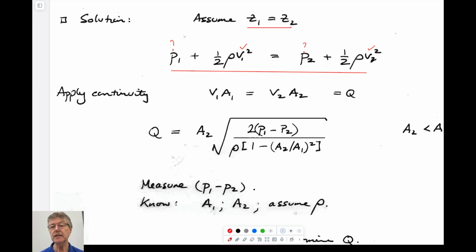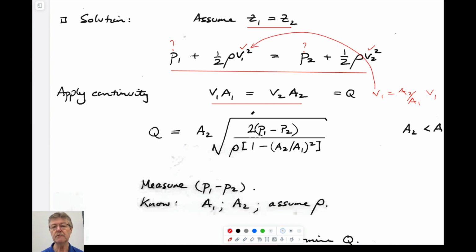So to be able to constrain these velocities, we have to write conservation of mass. And so with these two equations, we can combine them to be able to get this. I won't go through the derivation. You just have to write either V1 or V2 in terms of the other one. You'd write V1 is equal to A2 over A1 V1.